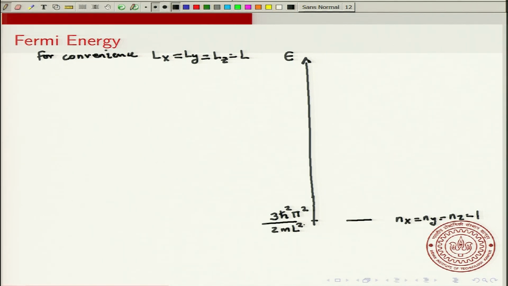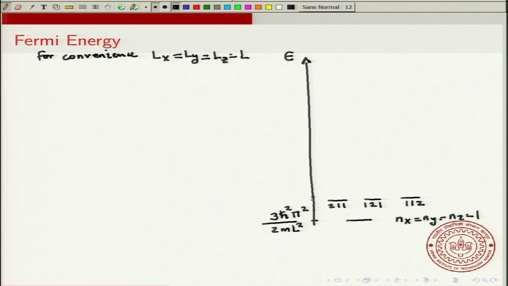Now, the next possible value of energy is when 1 of nx, ny and nz is 2. And now, you can have 3 different possibilities. I will just write them as 2 1 1. So, nx is 2, ny is 1, nz is 1, or you can have 1 2 1, or you can have 1 1 2.